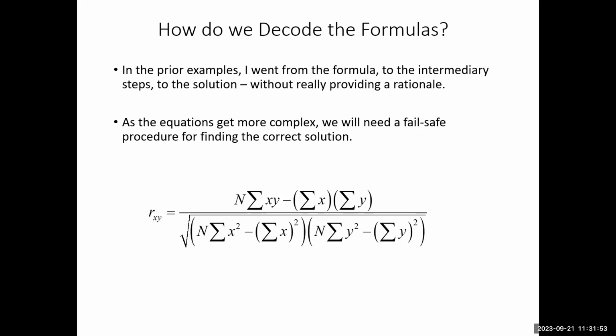I've got an equation here that looks a little bit more formidable. This is one way we could write the equation for the Pearson product moment correlation coefficient. As these equations get a little bit more complex, we're going to want a fail-safe method to make sure that we can step through a series of intermediary steps and get to the correct answer.